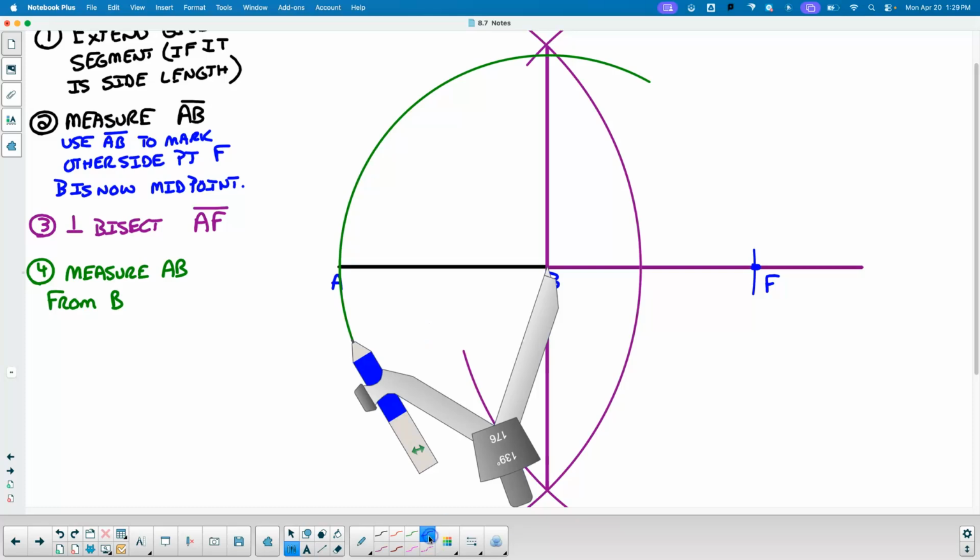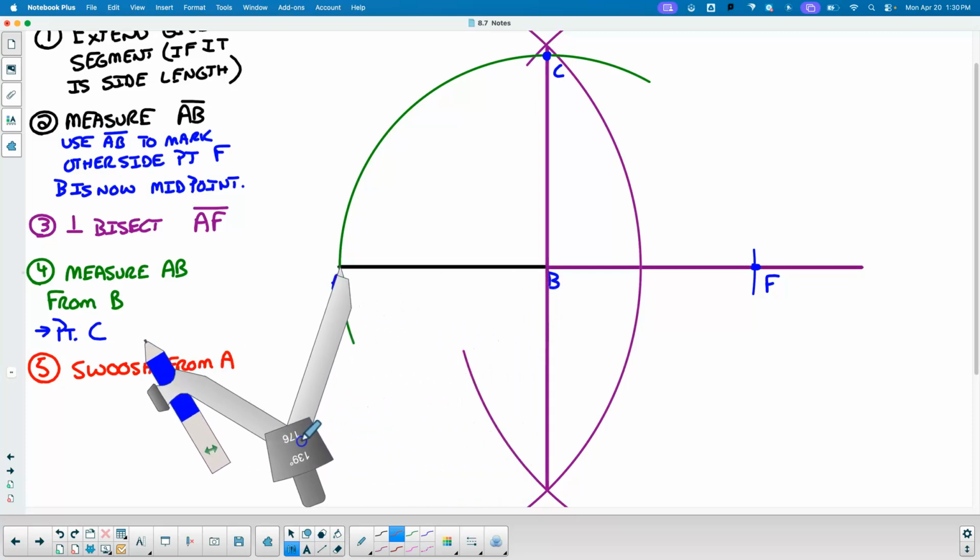Now that has given me point C. Next, go back to point A and swoosh it.